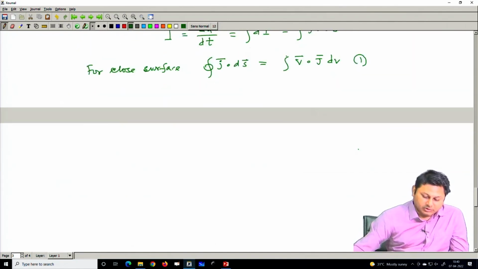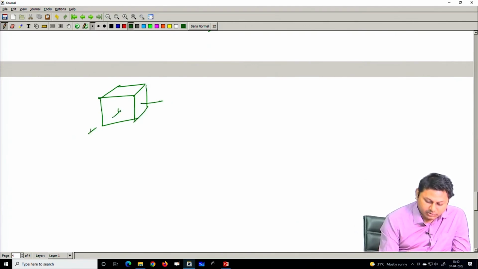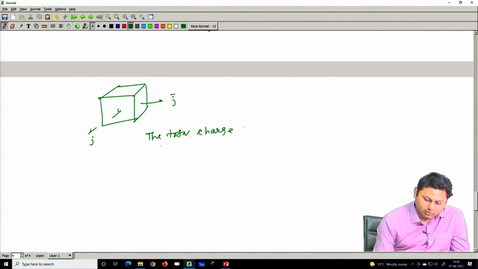Okay. So, now if I have a volume, and if this is the volume I am having, suppose, and the charges are flowing out, and I am taking the closed surface, this is the J flowing out. So, the total charge Q should decrease in the volume, whatever the volume we have.